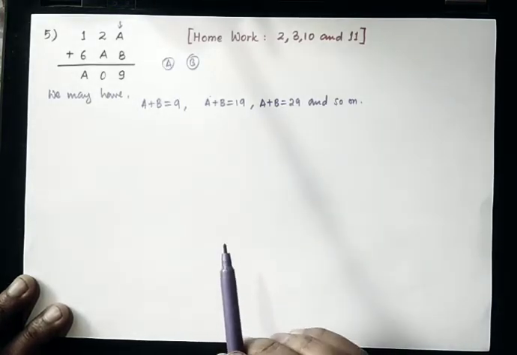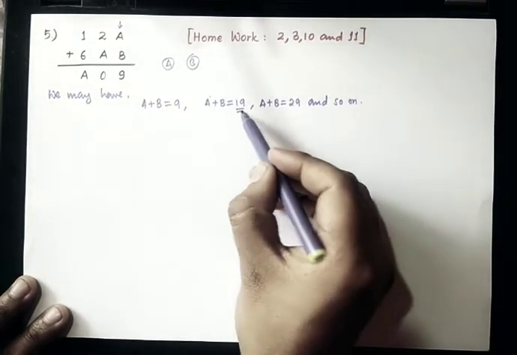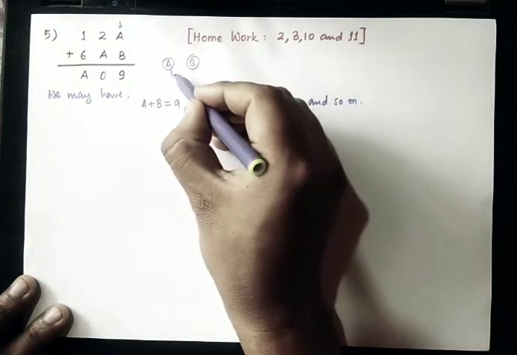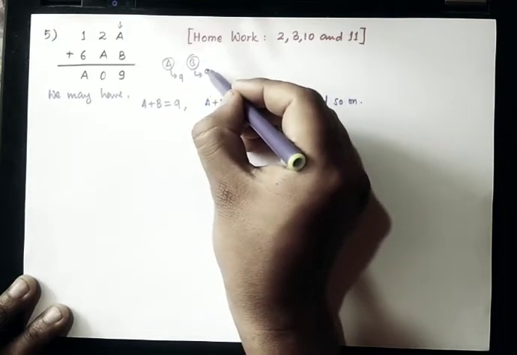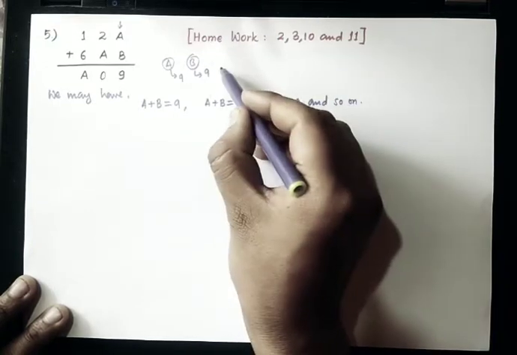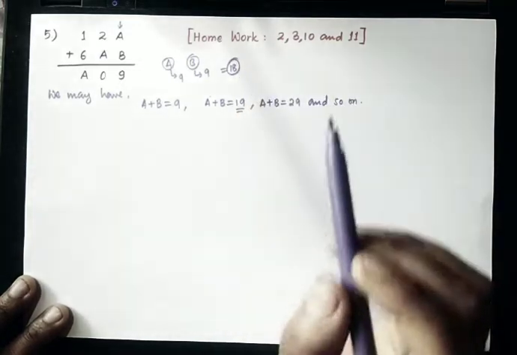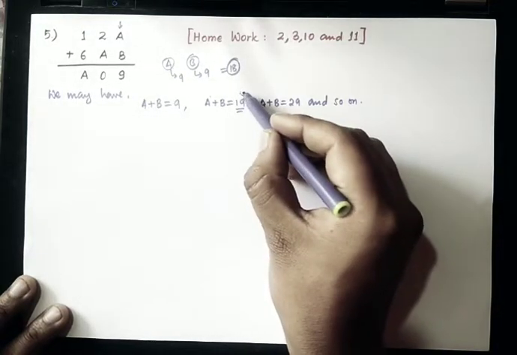Now there are no two single digit numbers whose sum is going to be 19. If I take the maximum value for A, it will be 9, and for B that's also 9, and their sum is going to be 18. So the maximum sum possible for two single digit numbers is 18, right? So we cannot have this.